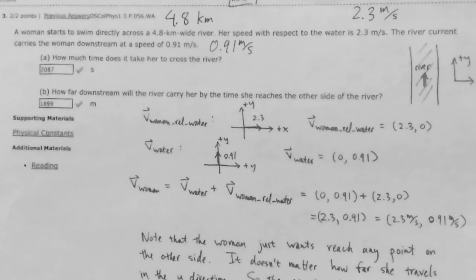So the water is moving, but you're floating with the water. You see her move with that. In other words, that's how fast she swims if the water wasn't moving.